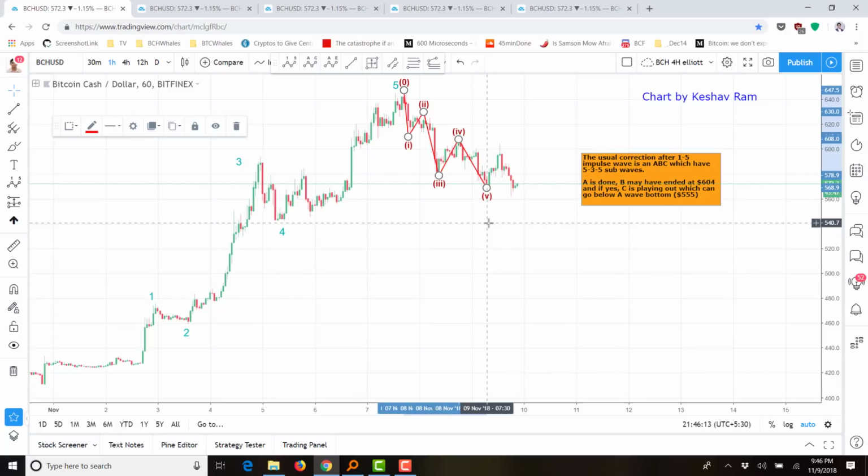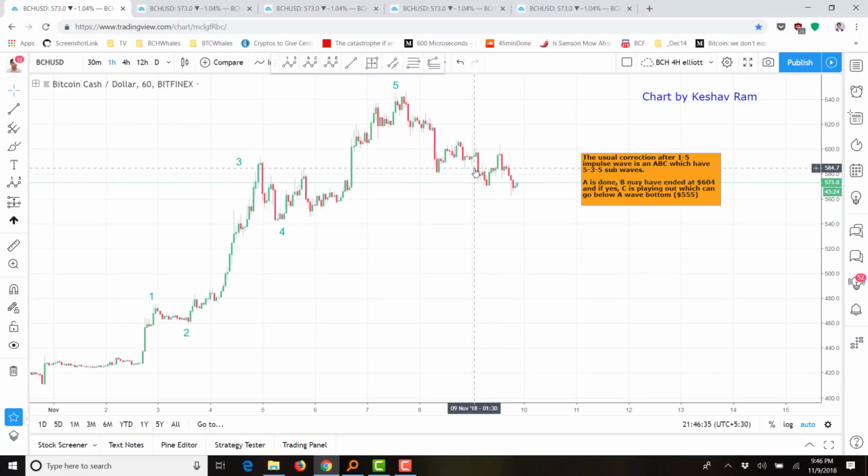I was looking for a bottom between $565 to $555. It came to $570, which is pretty close to what we hoped for. This signaled the first A wave which is done. After this, today we were in the B wave, which also appears to be done.